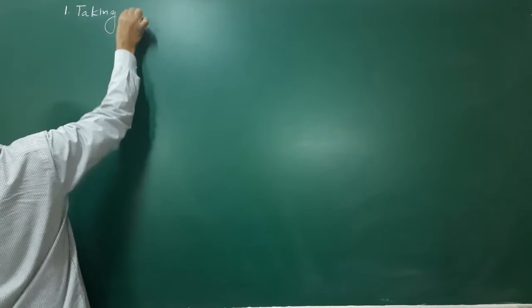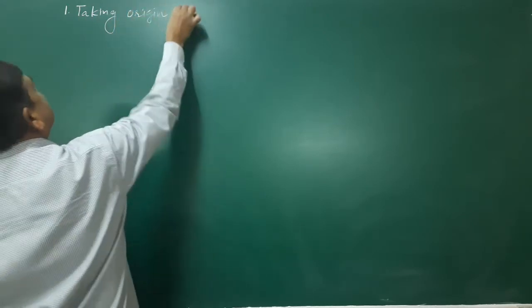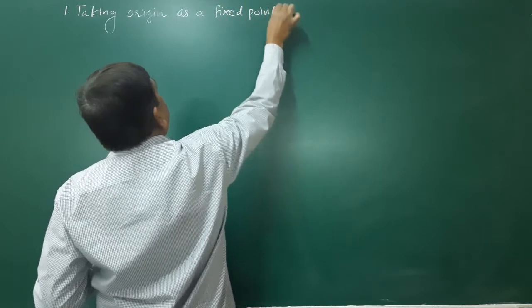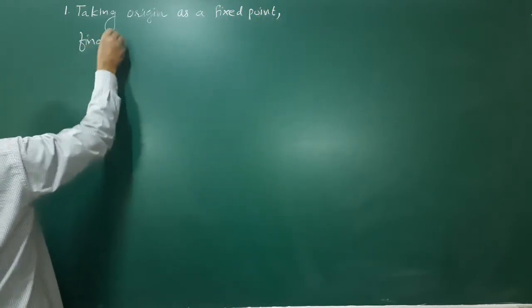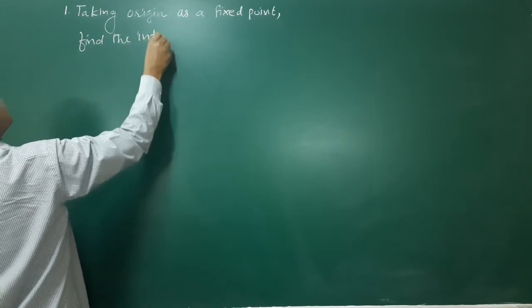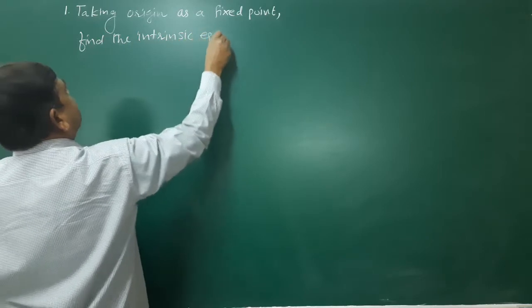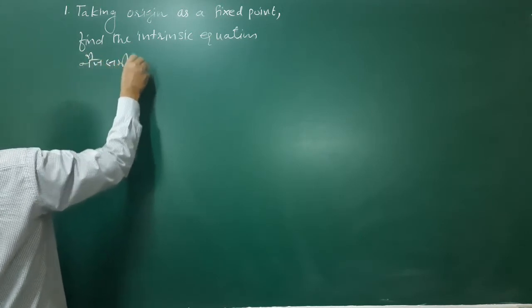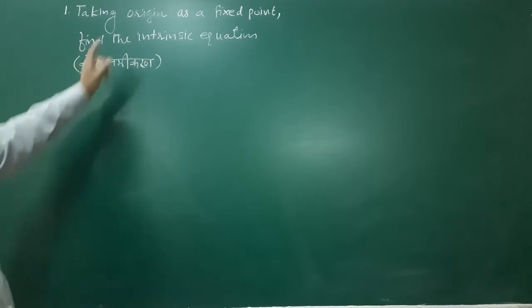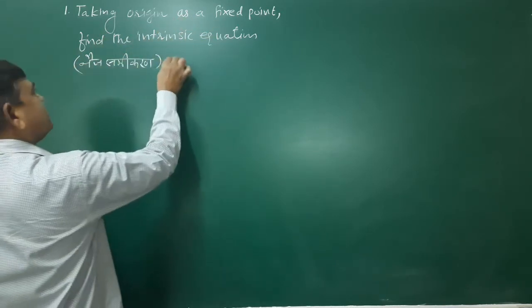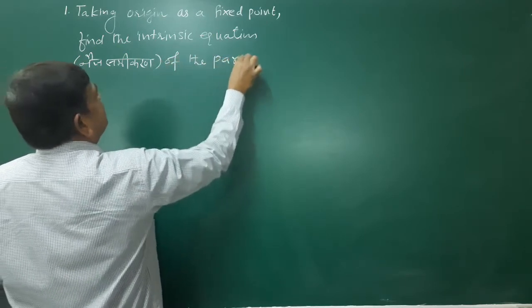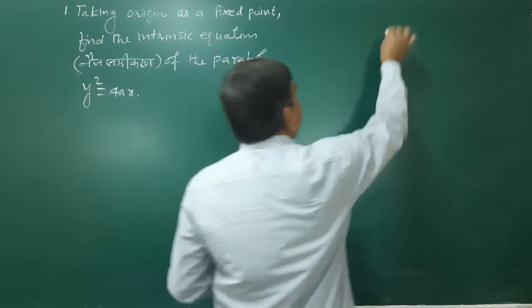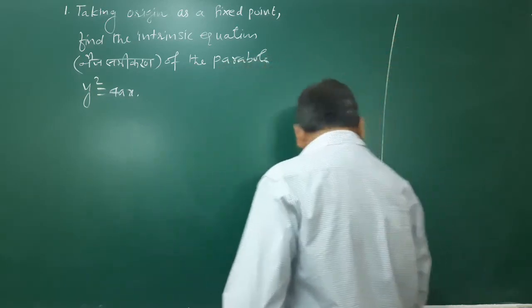Taking origin as a fixed point, find the intrinsic equation of the parabola y square equals 4x. Okay.